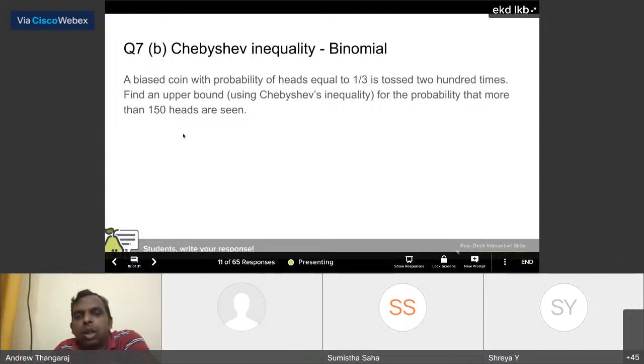That's what's important. So the probability of x greater than 150 will be less than or equal to the probability that the absolute value of x minus 200 by 3 is greater than something. I think that is 250 by 3 or something like that. Then you use Chebyshev.